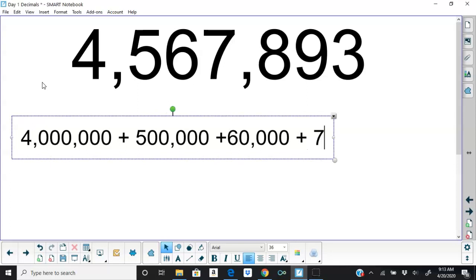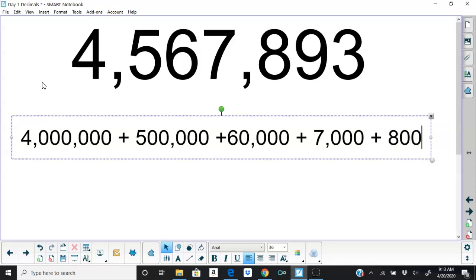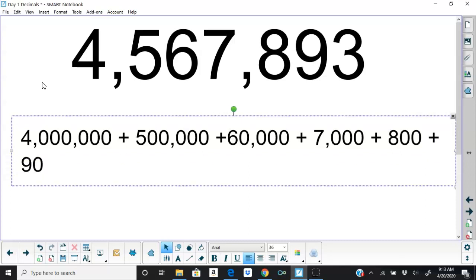The 7 is worth 7,000. The 8 is in the hundreds place and it is worth 800. The 9 is in the tens place and it is worth 90. And the 3 is in the ones place and it is equal to 3 ones.